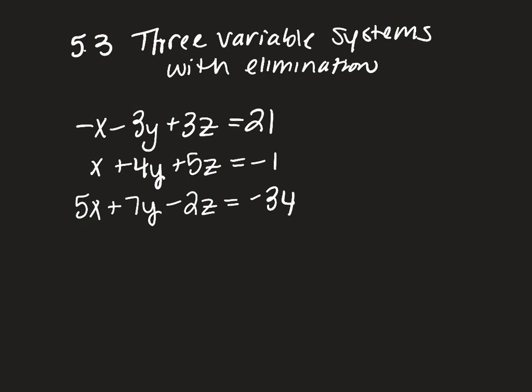Okay, so looking at this 3 variable system, what would we like to get rid of? X. Right, so let's combine our top 2 equations together. I'm going to bring those over here.